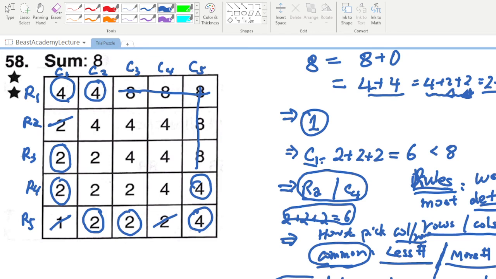For the fourth row, what number are we missing? We're missing a 2, which means 4 is not possible. Then C4 needs to be 8: 4 plus 4. You must include 4 and 4, right? Then R3 needs to be 8.